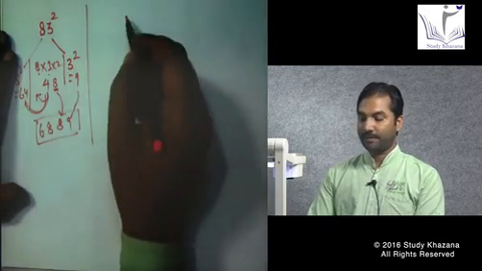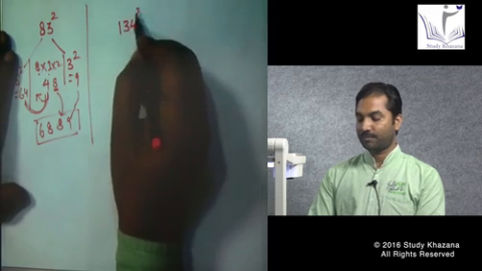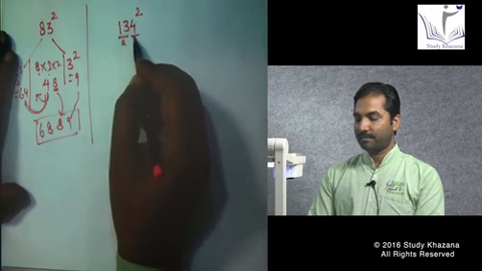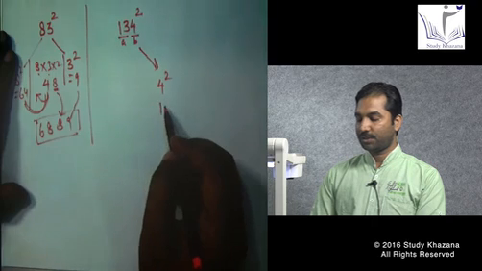In a similar way, if we have to find 134 square, we categorize it in this manner. It is A and this is B. First of all, you have to take 4 square, it is 16.